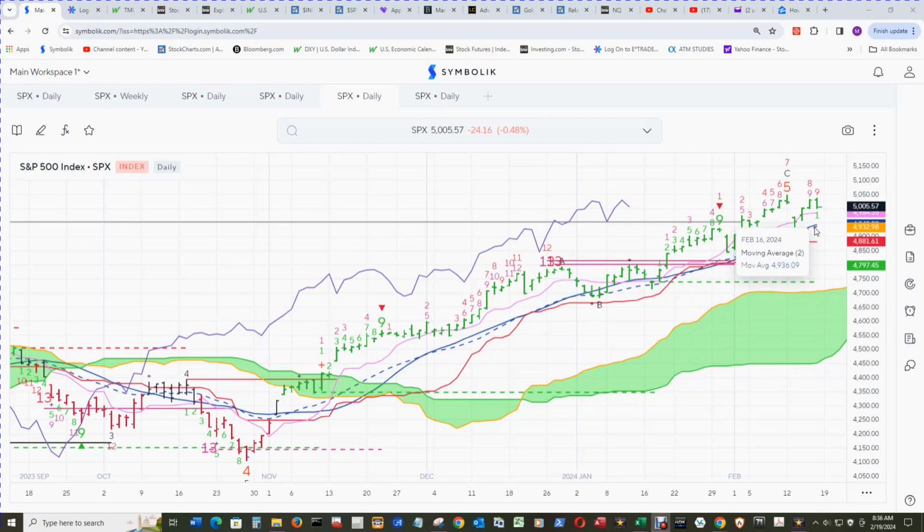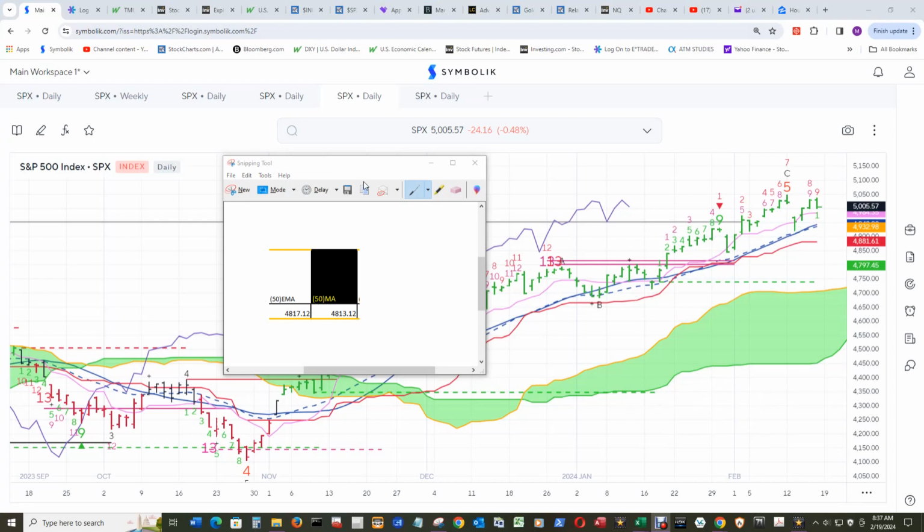So this could be an early warning sign here for the 21 EMA underneath the 20 simple moving average. And here's a clip from the big board chart, and a more ominous sign would be to have this 50 EMA at 4817.12 fall under the 50 simple moving average at 4813.12.